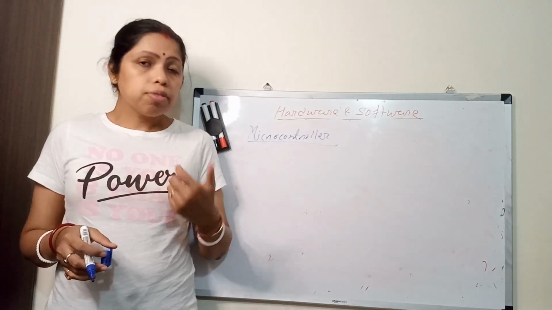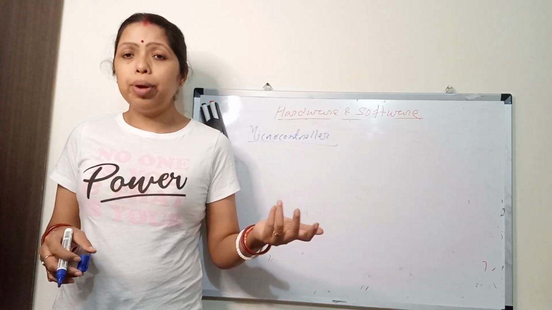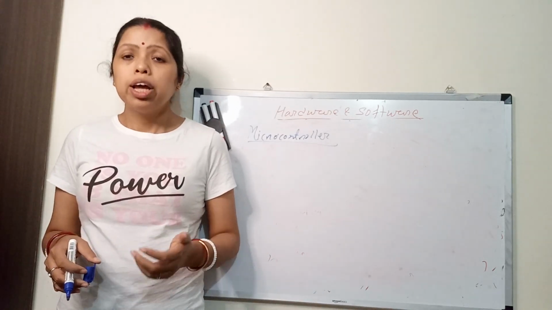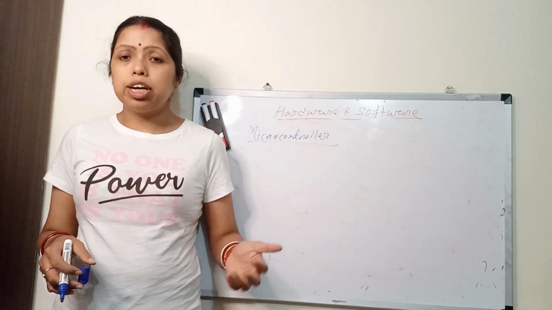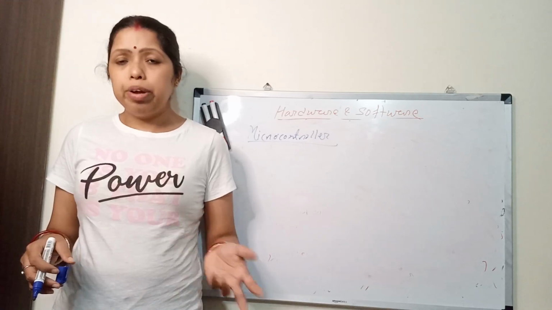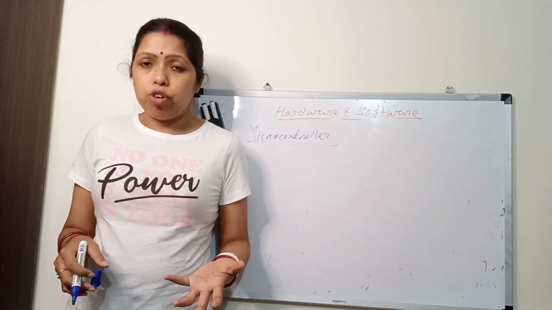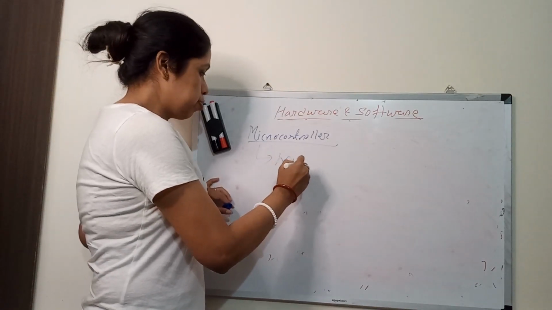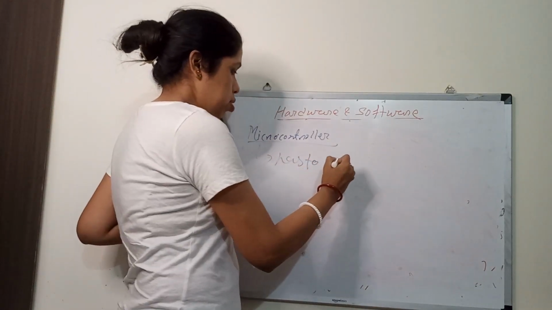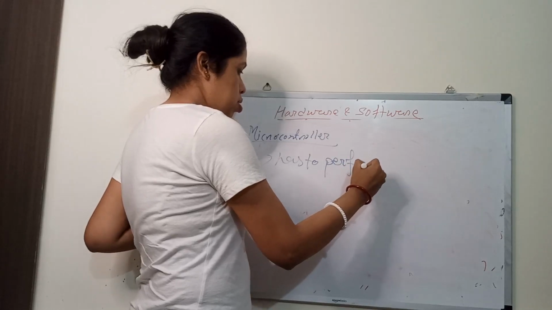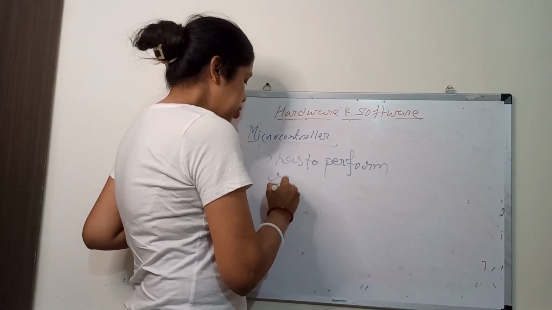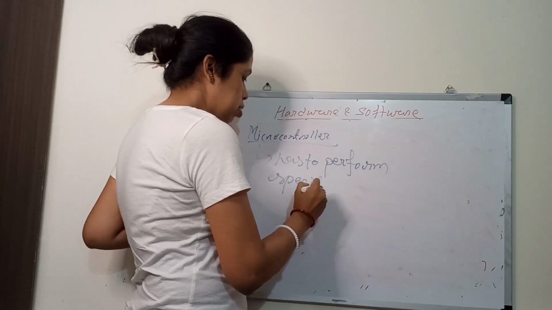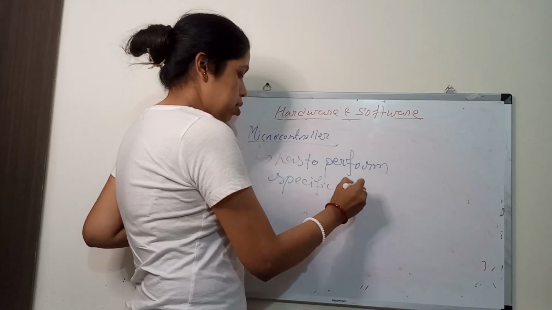Now, in different embedded systems you can use the microcontroller, like washing machine, refrigerator, microwave oven, and various other applications. Normally the microcontroller performs a specific task.